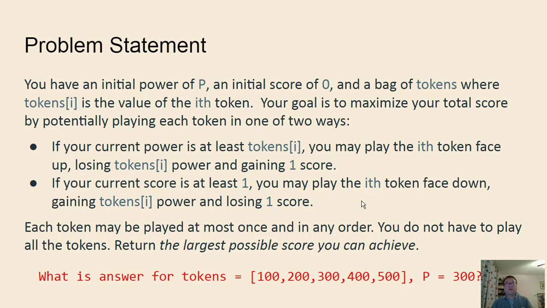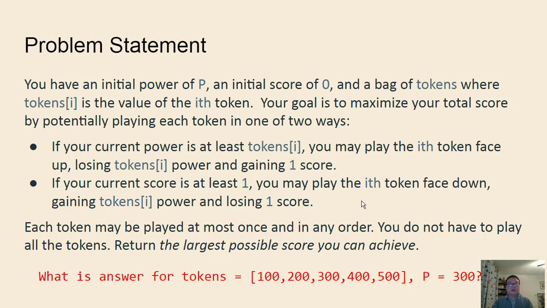So you can think of the game: initially the tokens are all in the bag, and then we can decide to pick a token and play it. We can play it face up, then we have to spend power, but we gain one score. We can also play a token face down, in which case we lose one score, so our current score has to be at least 1 to make that play, but we gain the token's value in terms of power.